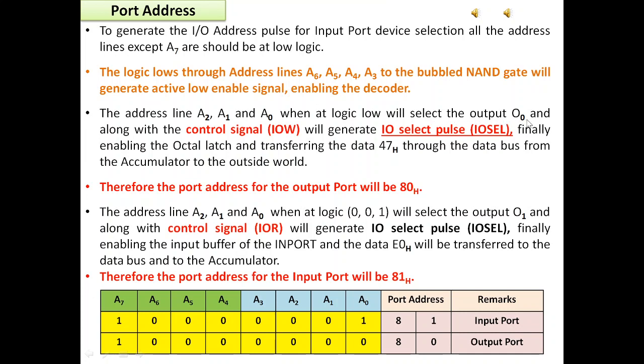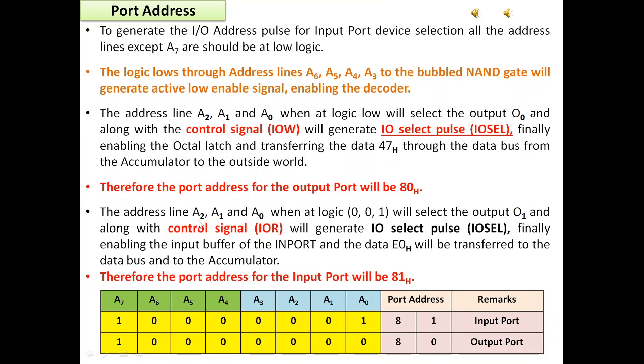This will select the output O0, and along with the control signal IOW, that is IO write, will generate an IO select pulse, finally enabling the octal latch and transferring the data 47 through the data bus from the accumulator to the outside world. Therefore, the port address for the output port will be 80.